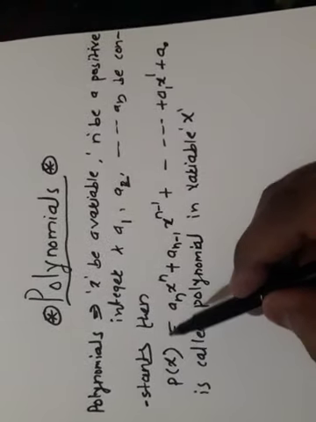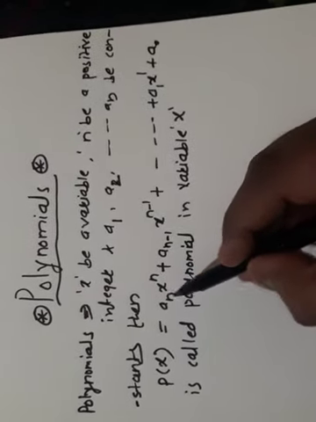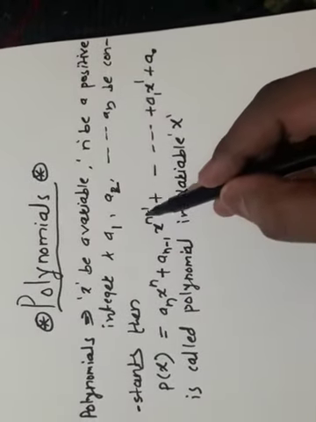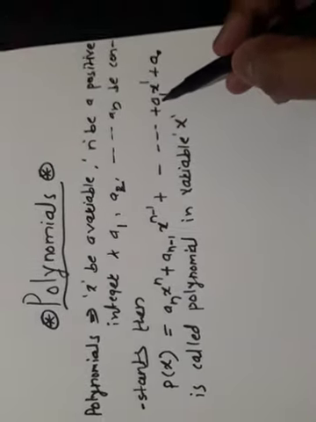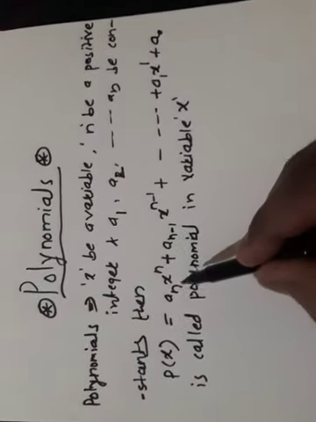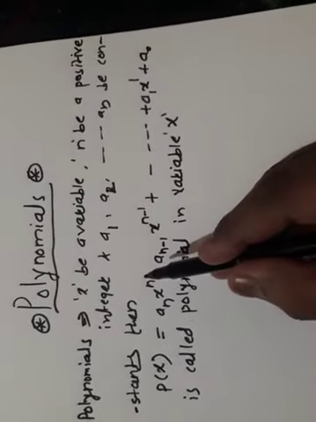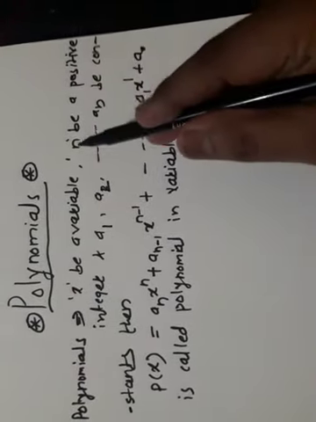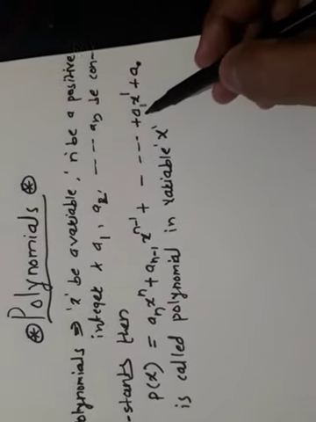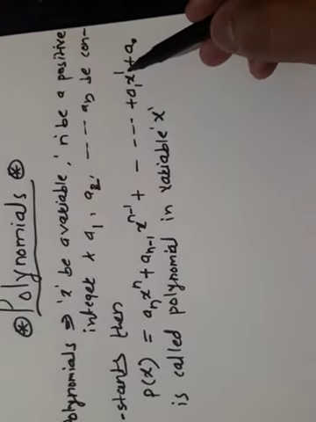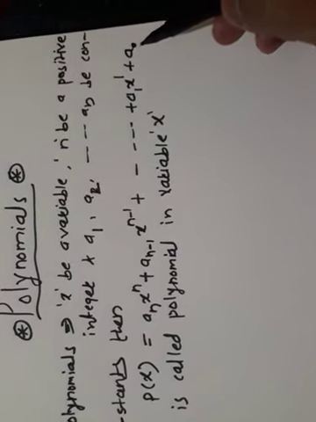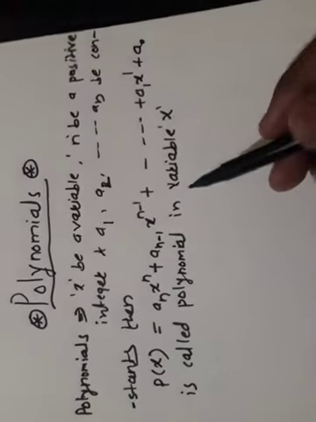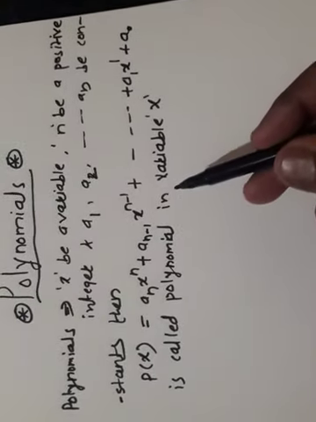Then polynomial P(x) is written as an x^n + a(n-1) x^(n-1) + ... + a1 x^1, where the number written over here is the same number mentioned over here, because those are positive integers, the values of n, plus a0, where x raised to 0 means any number raised to 0 is 1, is called a polynomial in variable x.